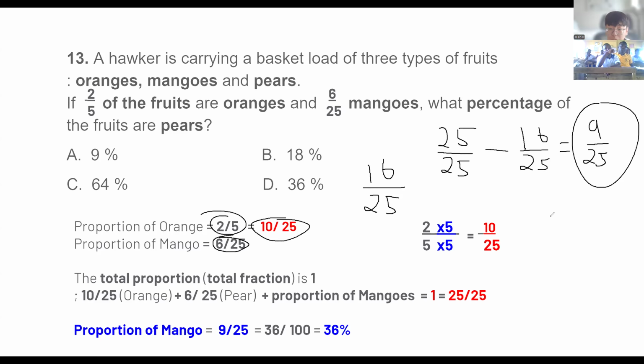Percent is out of 100, right? So it'll be x over 100. What will x be in this case? 25 times 4, 9 times 4. So it'll be 9 times 4, which is 36. That's how we got the answer of 36.